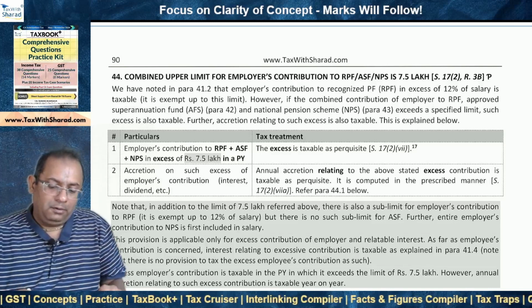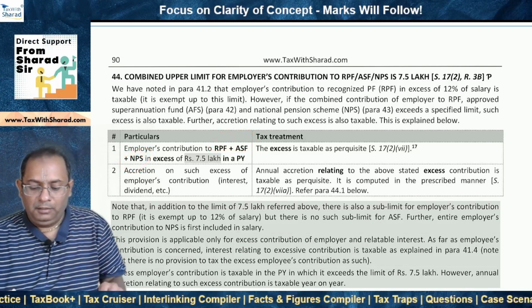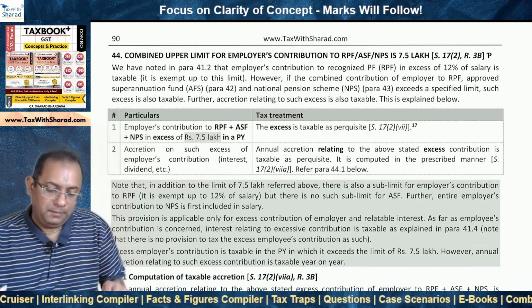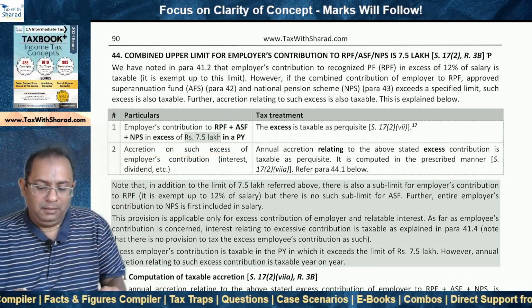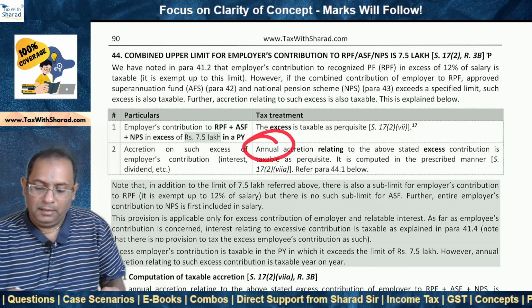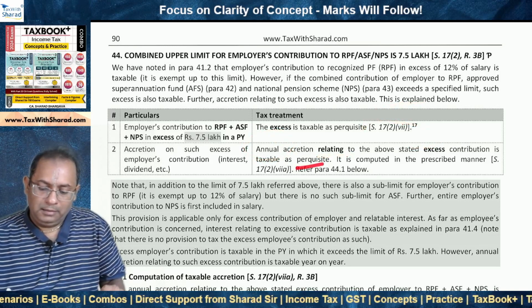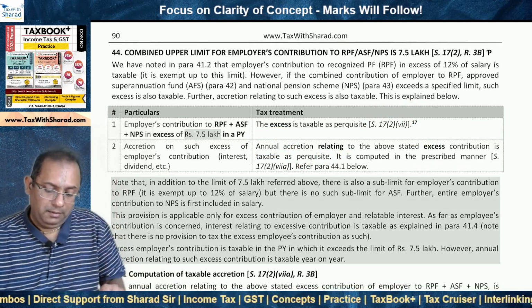If the combined contribution of the employer to RPF, ASF and NPS is, say, 8,00,000, then 50,000 will become taxable. And accretion on such excess will also become taxable. So the annual accretion relating to the above stated excess contribution is taxable as perquisite, and it is computed in the prescribed manner.